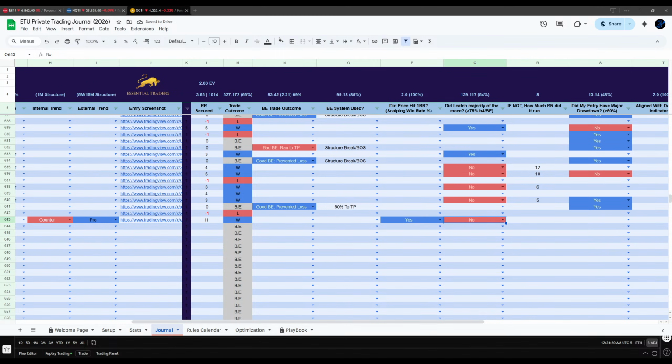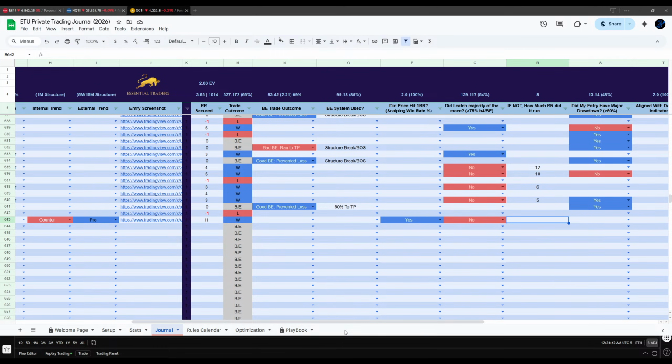Again, this is for optimization purposes to see if you spot any significant differences, but I obviously did not catch anywhere close to majority of the move here. It actually kept running like 20 plus RR, I believe. So no. If not, how much R did it run? I mean, we play it out on TradingView.